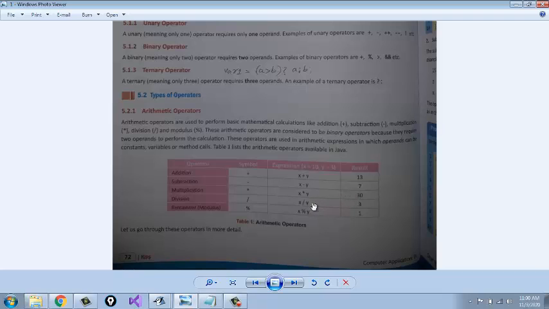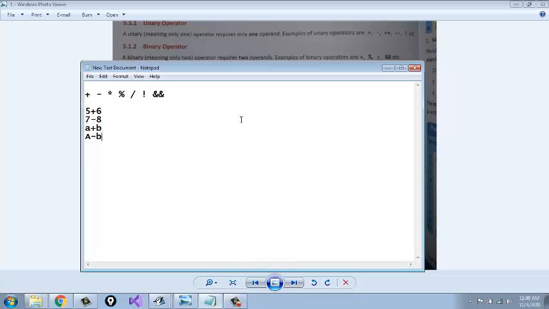Then x divided by y, which means the value of x will be divided by the value of y, which means 10 will be divided by 3. Then what will be the answer? 3. Why is it 3? We can check. See, what is the value of x? That is 10.